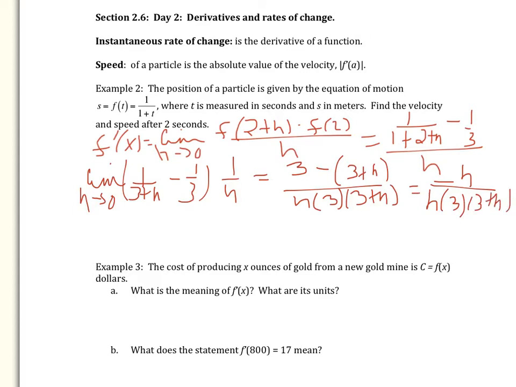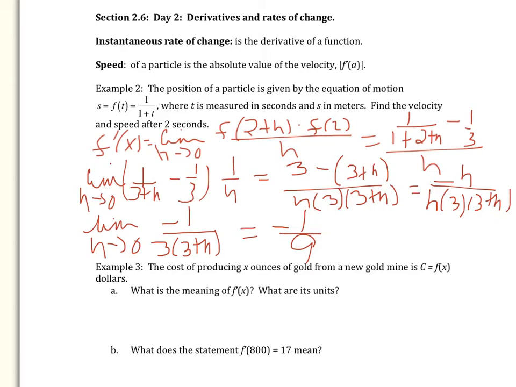And if we go ahead and reduce, we end up with the limit as h goes to 0 of negative 1 over 3 times 3 plus h. And again, I just reduced those h's. All right, now if we go ahead and apply the limit, which means that we plug in 0 for h, I get negative 1 over 3 times 3, which is 9.